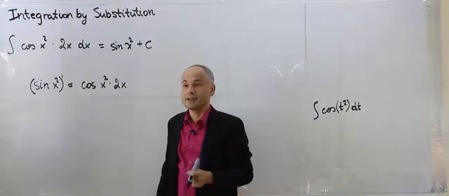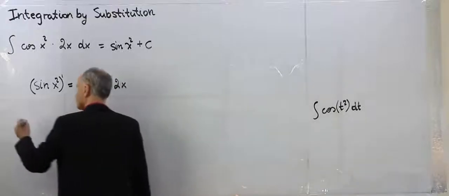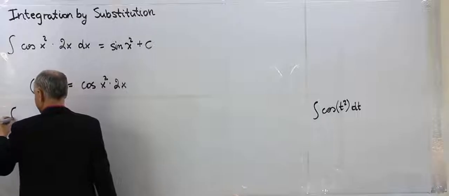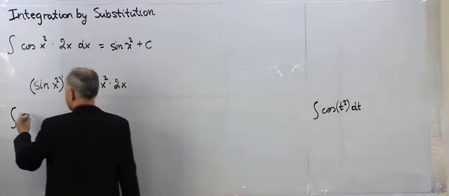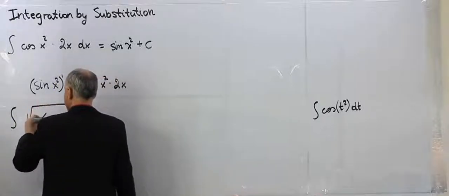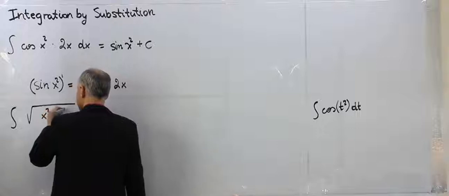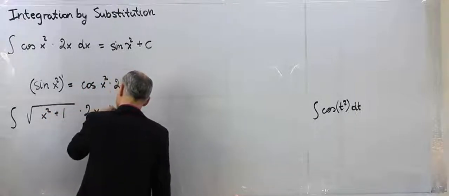Let's try one more example where we will guess an antiderivative. Let's look at the integral of the square root of x squared plus 1 times 2x dx.